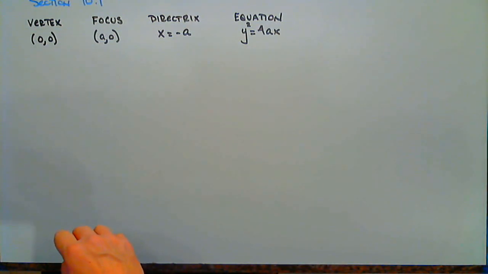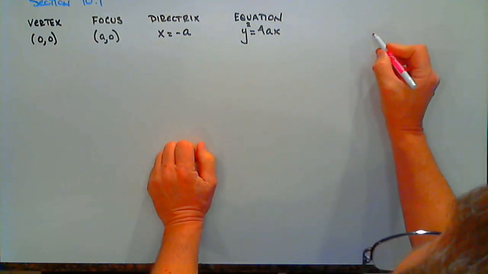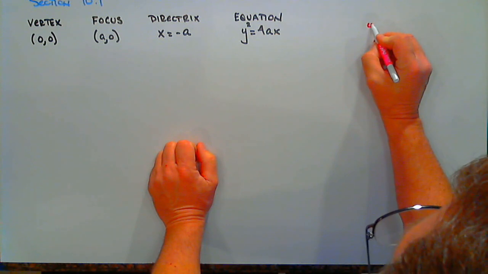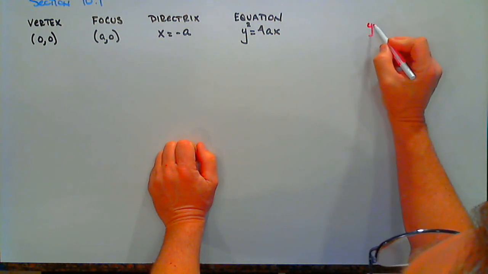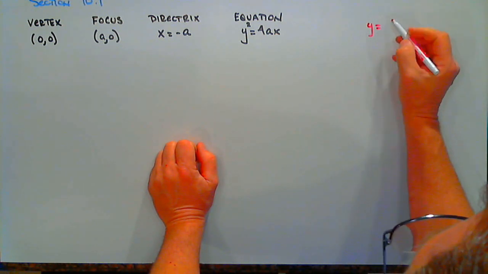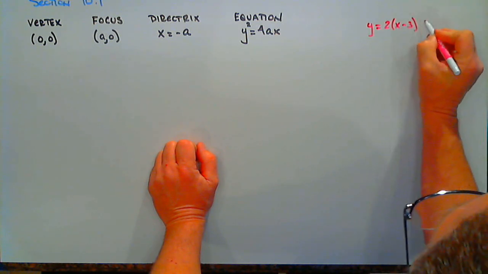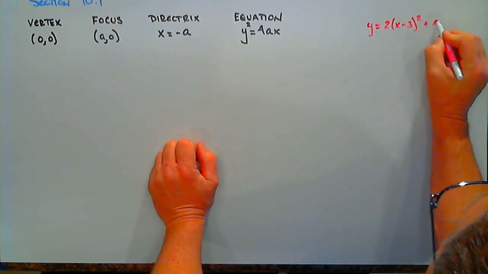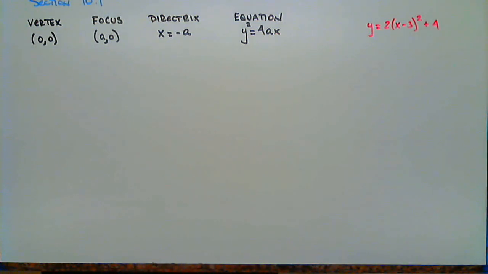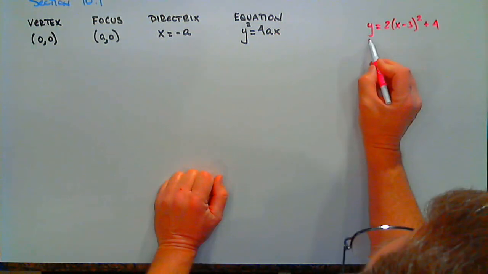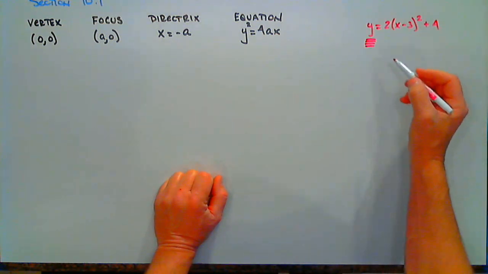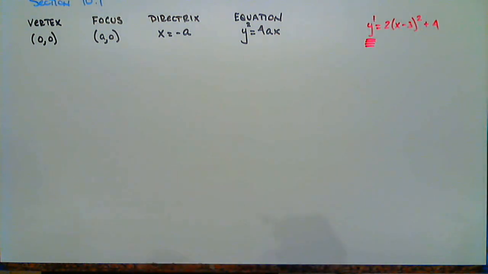Let's write that down right over here in pen, just off to the side. In Algebra 2, we wrote things like y equals 2 times (x minus 3) squared plus 4. Do you see in Algebra 2, we solved for the variable that had a power of 1.